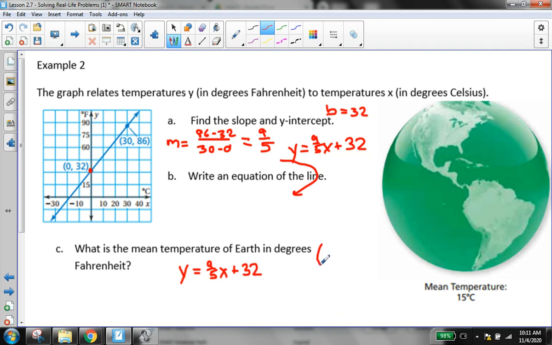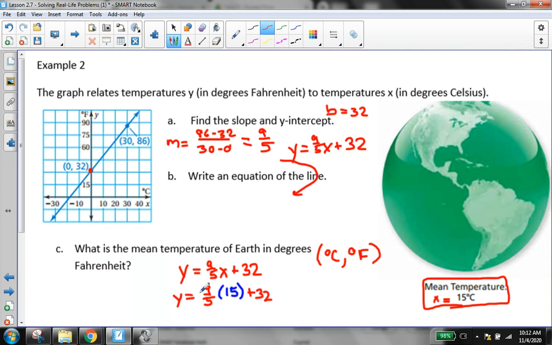If I'm looking at my picture over here, this mean temperature is in terms of degrees Celsius, so that means I'm going to be plugging the value of 15 degrees in for x. I'm going to plug it into my equation and calculate what 15 degrees Celsius would be in terms of Fahrenheit.